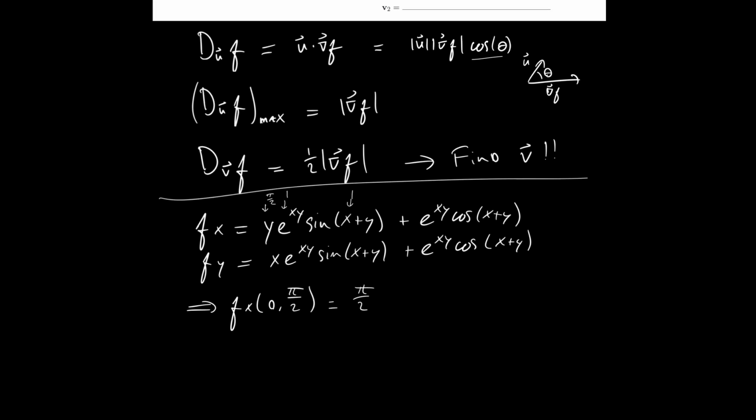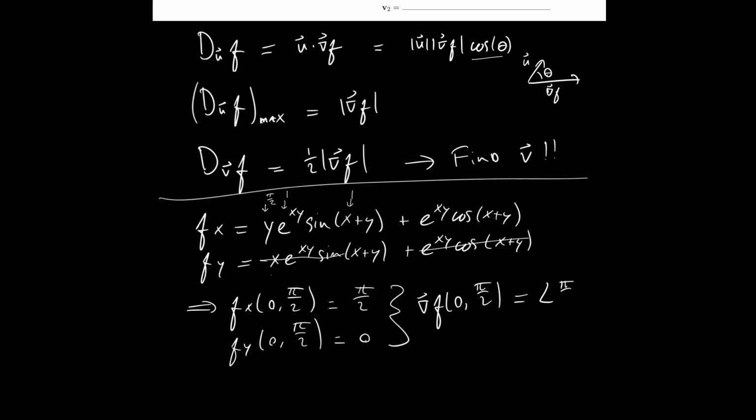So the partial derivative with respect to x is just pi over 2. And then the partial derivative with respect to y at the same point is, well, okay, x is equal to 0, so that cancels the entire first term. And then again, we have cosine of 0 plus pi over 2, and so that's also going to be 0. Right, so there's our expression for the gradient at 0 comma pi over 2. It's equal to the vector pi over 2, comma 0.